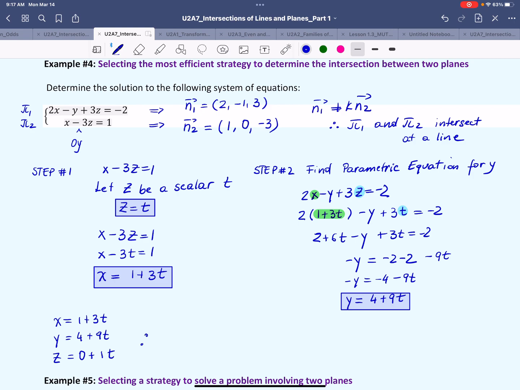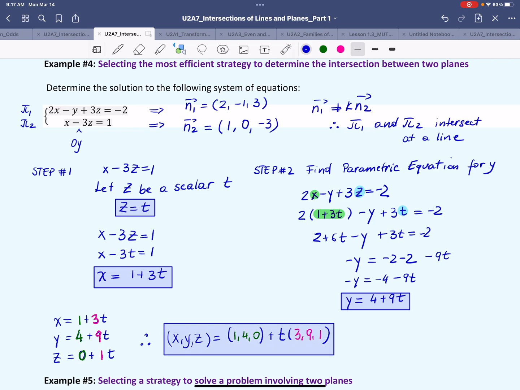So therefore, the equation of the line of intersection is x, y, z equals, starting with a starting point, which is all these constants together, 1, 4, 0, plus some scalar t, and then the coordinates of the direction vector, which are determined by the coefficients of the scalar, in our case 3, 9, and 1. And voila, this would be the vector form of the equation of the line of intersection.